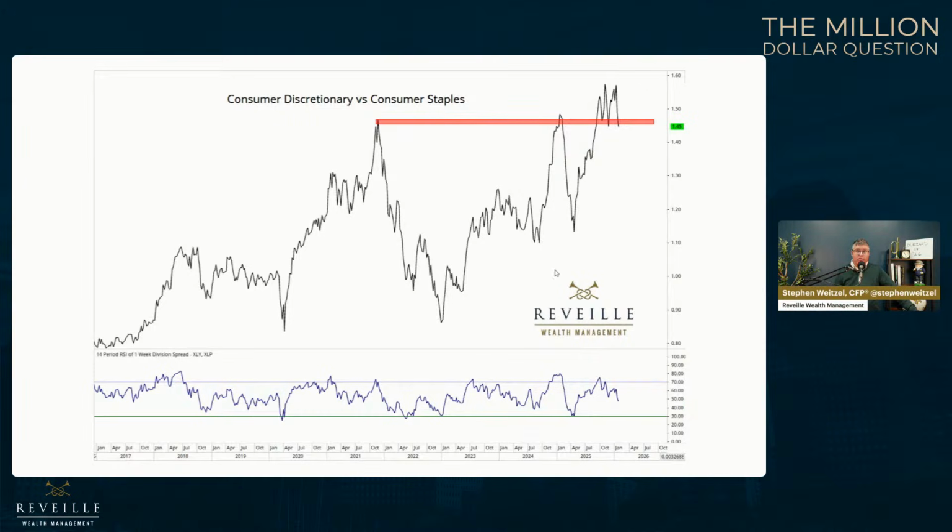That was rough, right? The sell-off last year, the tariff tantrums, Liberation Day, staples outperforming.